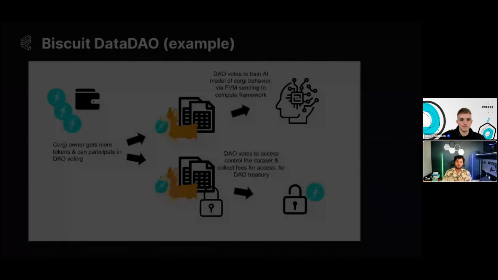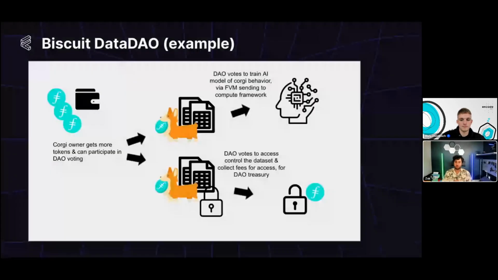And as they get more tokens, they can participate in DAO voting and use those tokens to vote on what to do with all the data they're collecting, whether they want to train AI on, say, Bacalhau or Lilypad and send that data there, and vote on what to do with the treasury funds, whether that's used to renew storage deals on this data as they're about to expire, access control lists for the data, all kinds of things.